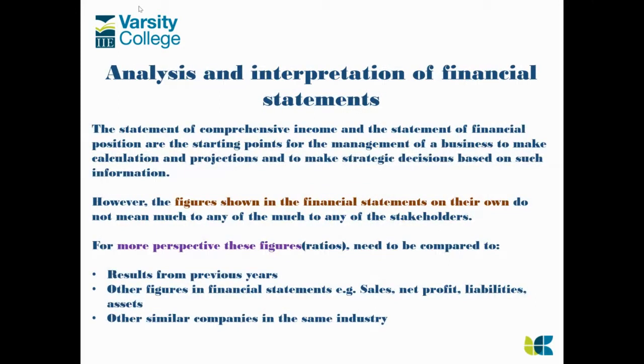Right. Now, we're getting closer and closer to the numbers. Analysis and interpretation of financial statements. So all of the information, and I spoke to this in the first brief, all of our figures and information that we have in our financial statements and also with the ratios, which you will see a lot of now.